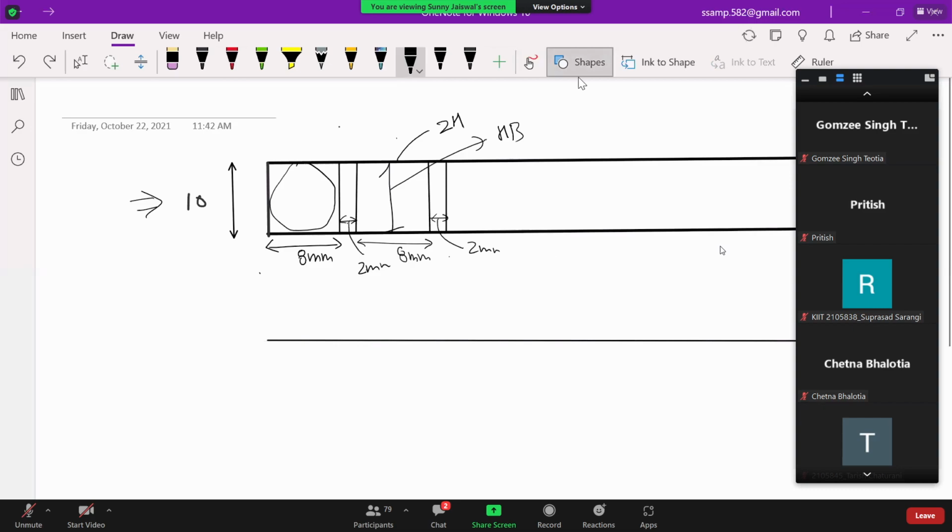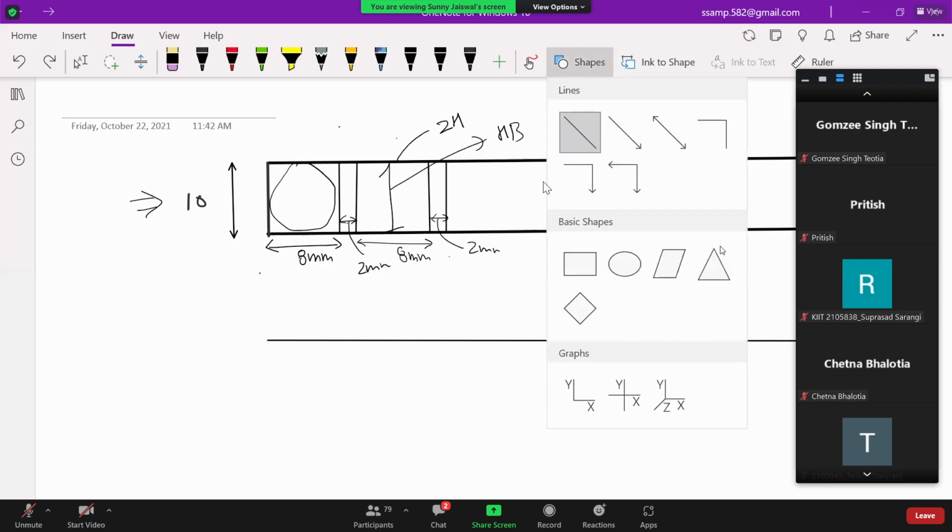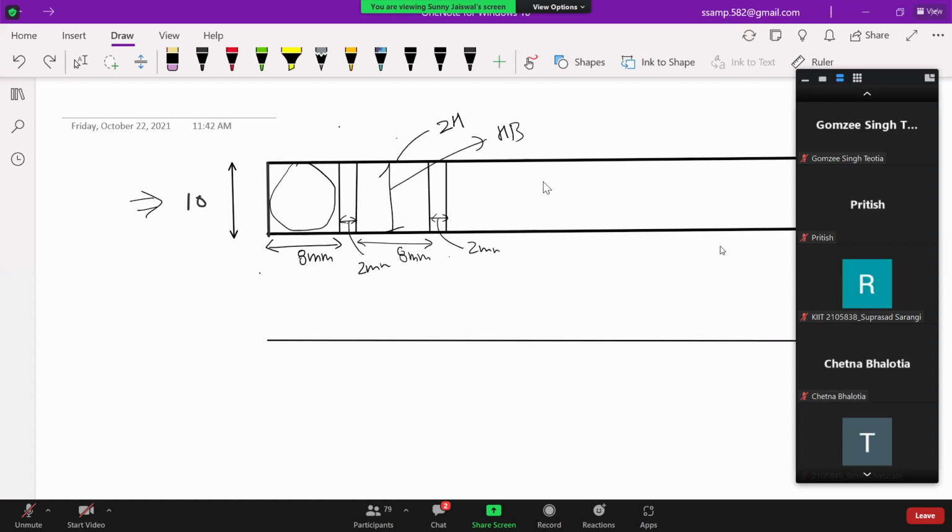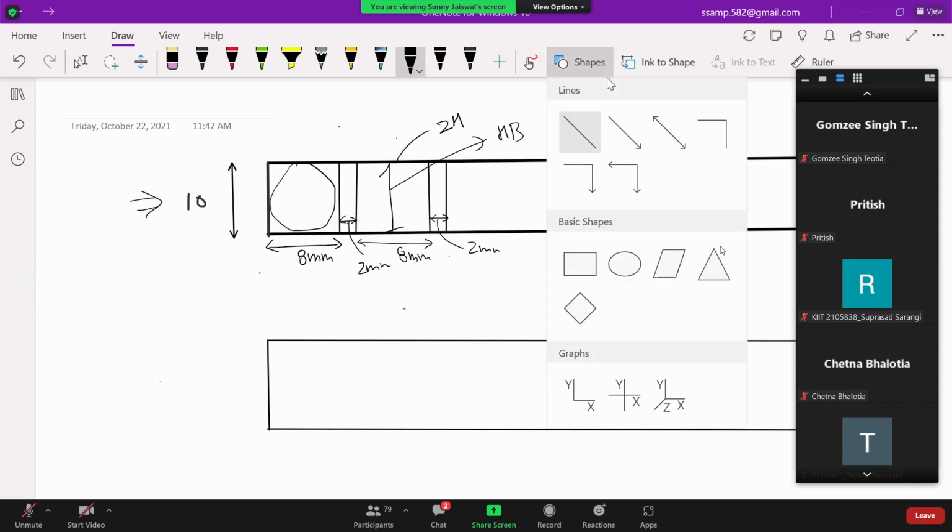This sentence will be written in what height? This was 10 mm. And for the second question, 12 mm. So this will be written in height of 12 mm.